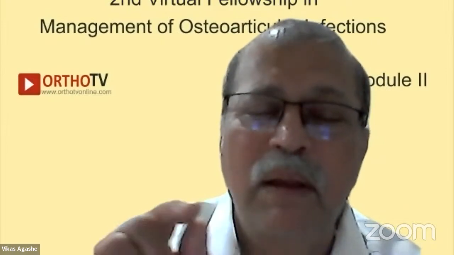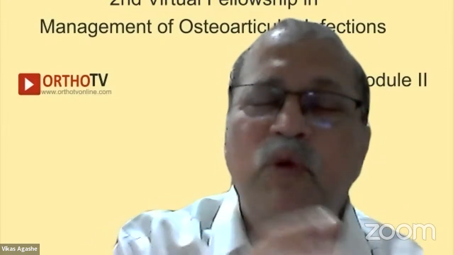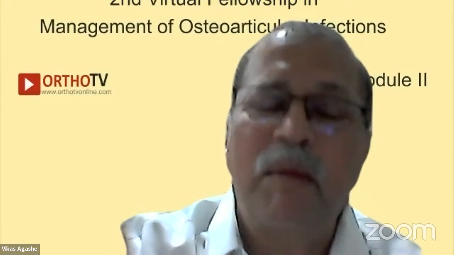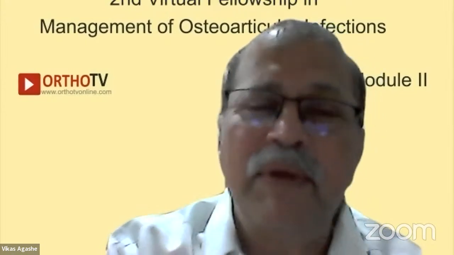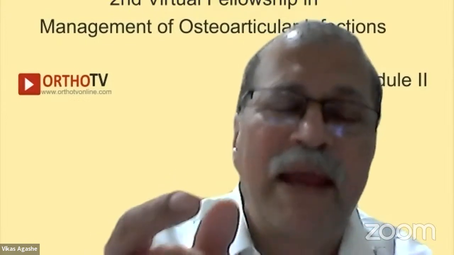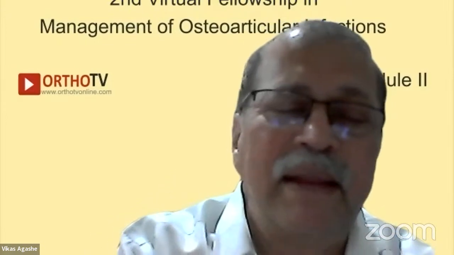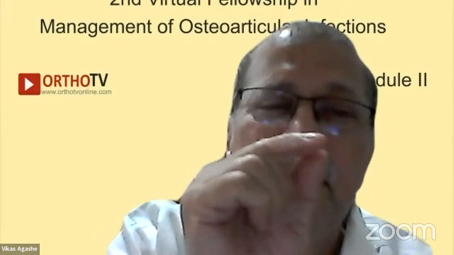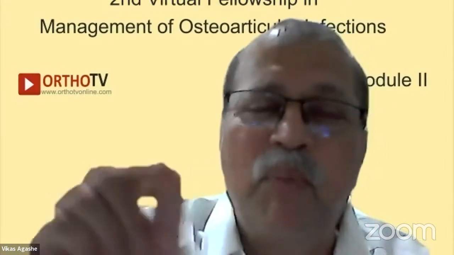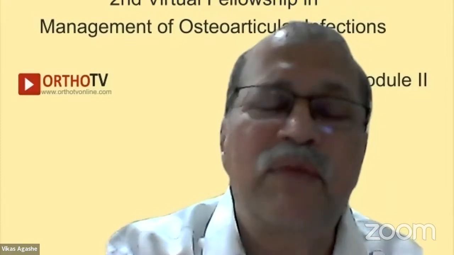It is easier to do a PET scan because if you do not have facilities for MARS MRI, then you can do a PET scan. And thirdly, when you are dealing with a radius ulna fracture, we will discuss that in another scenario, and you are not sure whether radius and ulna both are infected or only one of them is infected, then it's worthwhile doing a PET.